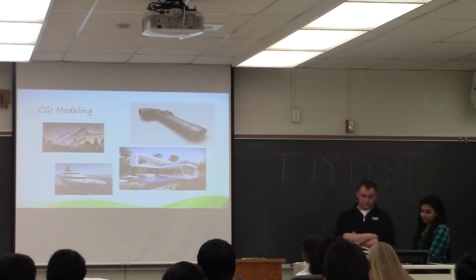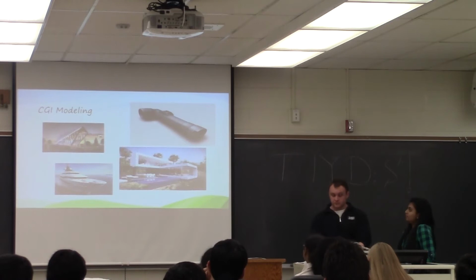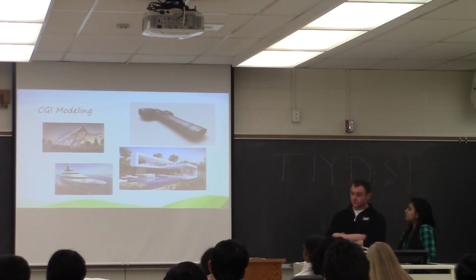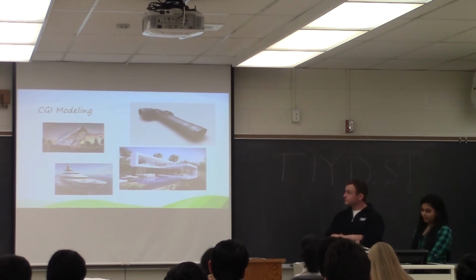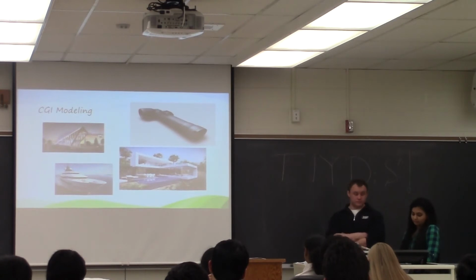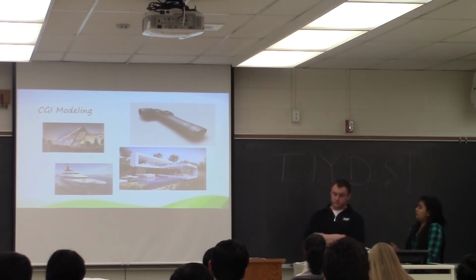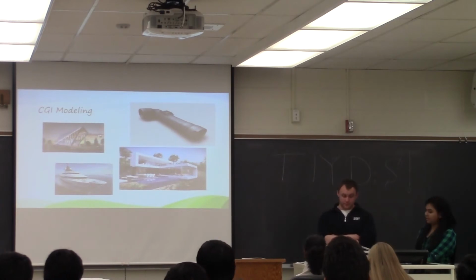CGI modeling. By using CGI, modern architects are producing architectural drawings and plans where they can produce more photorealistic images, and by this the customers can visualize how the new architecture looks, and they also get the look and feel of the buildings.